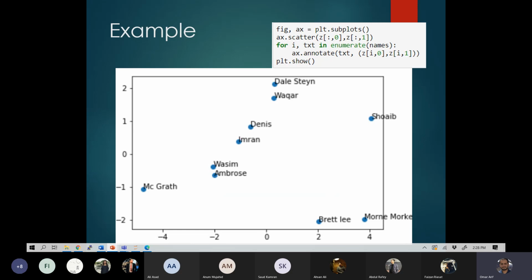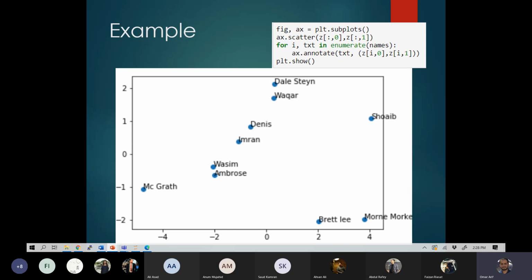Once we do that, we have a better representation of this data set, and visually also we can easily see how they are related to each other. And you can do that for other bowlers, other players. You can get that data from different websites. Maybe for example from Cricinfo you can get this data for other bowlers or batsmen, and do it as a practice just to get the hang of principal component analysis.